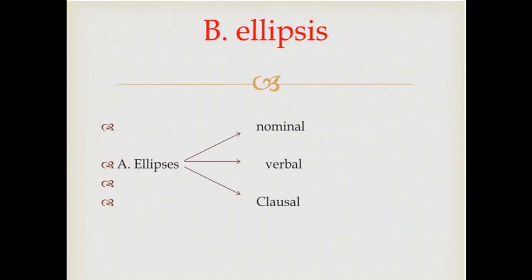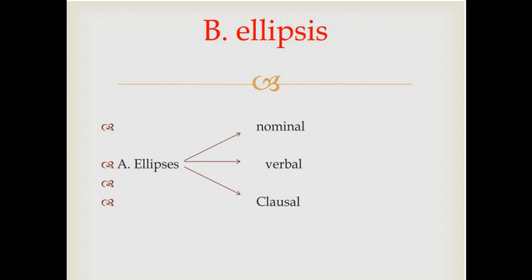Stop. Now we will move on. Ellipsis. So ellipsis, you can say, is the omission of words, not replacing, just omission. So you can omit the words, but the meaning can still be understood.